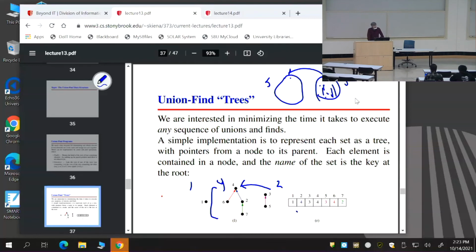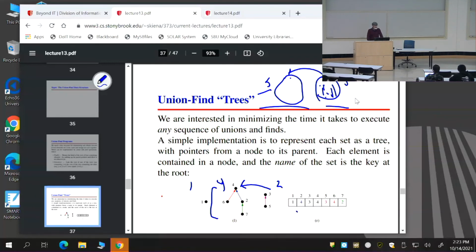But how many mergers can I have like that? Well, notice what happened to the size of the tree if they both had the same number of nodes in it. It went from 5 to twice 5, right?